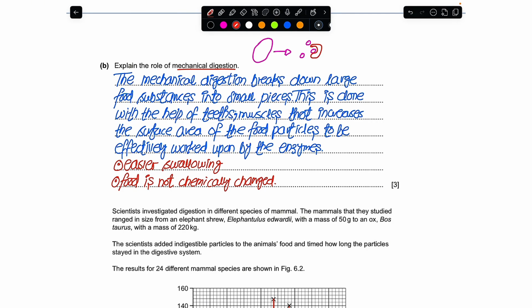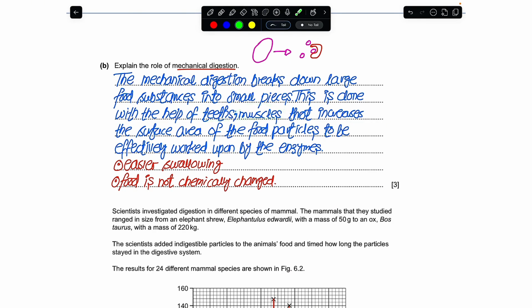So how your answer needs to look for the 3 marks in the context of mechanical digestion: this mechanical digestion breaks down what? The large food substances into small pieces. Here you would get 1 mark. And then we say that this is done with the help of teeth or muscles. It is your choice whether you write teeth or muscles.